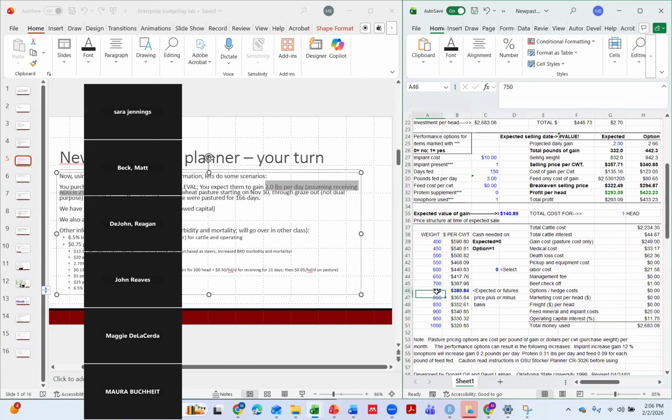Anyone want to guess? Do you think we're going to change this 380 to maybe what a 750-pound bull would cost?